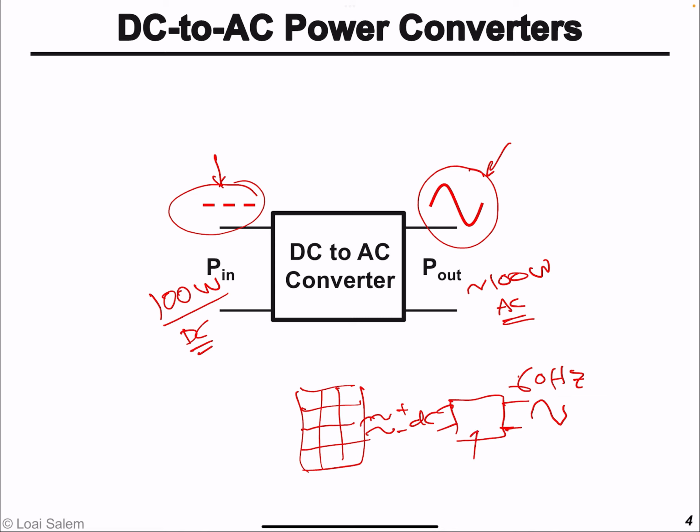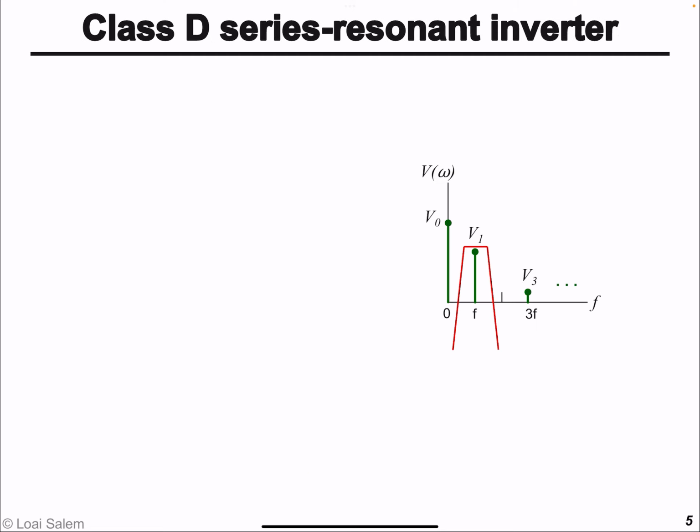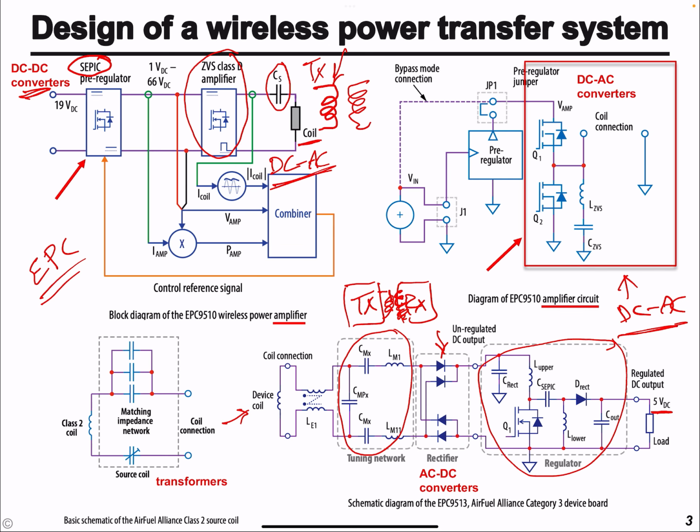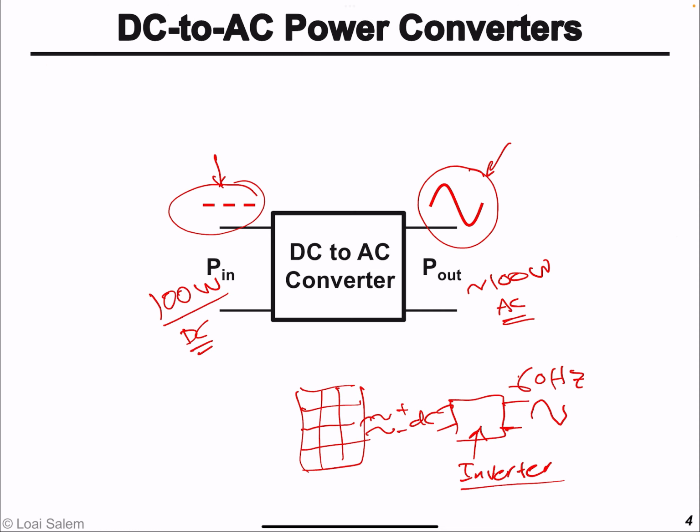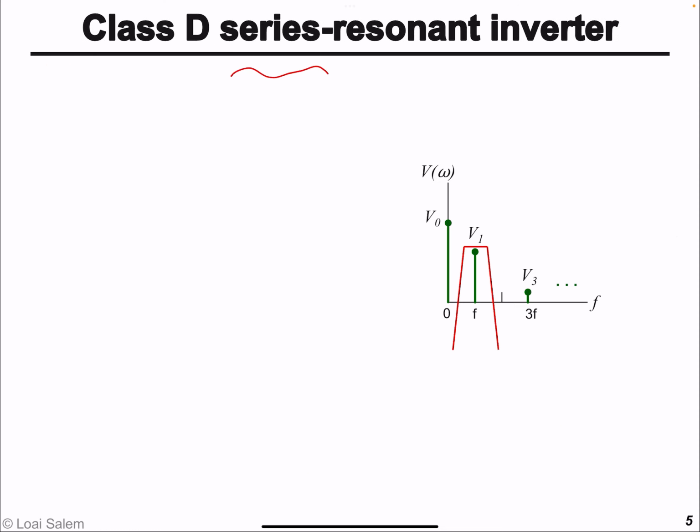This is typically called an inverter, or power inverter. Generally, it can be called a DC to AC power converter, DC to AC inverter, or an inverter. The DC to AC converter that drives the primary side coil in the wireless power transfer system is typically a series resonant DC to AC converter, or series resonant inverter.